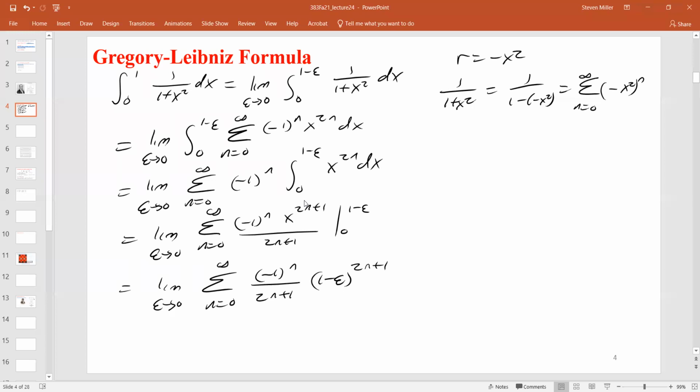What is that limit going to equal? So for any epsilon, this is fine. What will this equal as epsilon goes to 0? Well, it will equal the original integral. But what sum will this be as epsilon goes to 0?